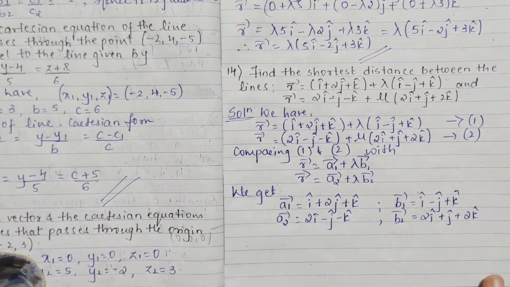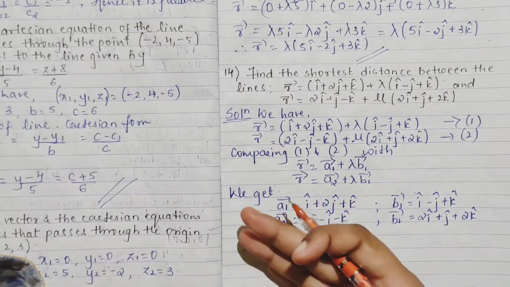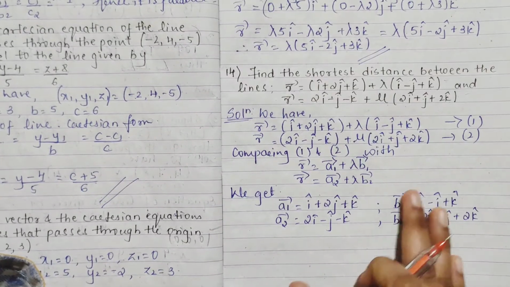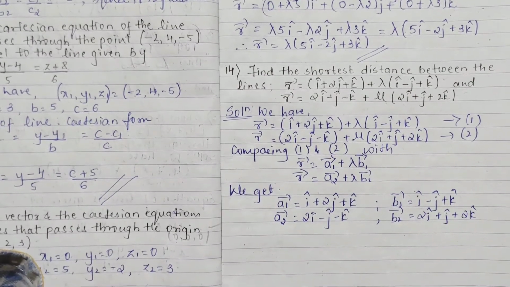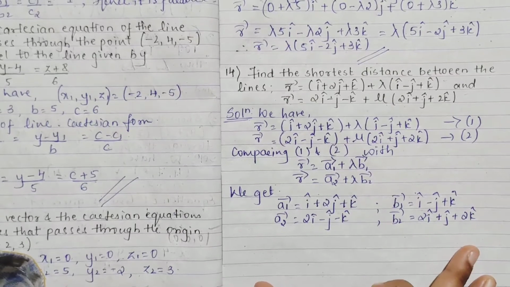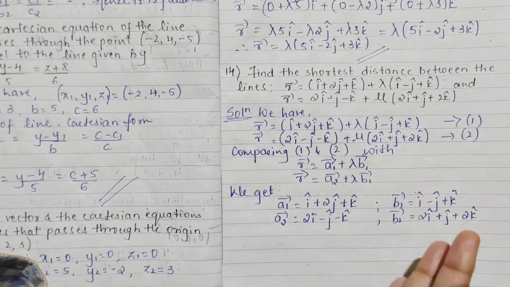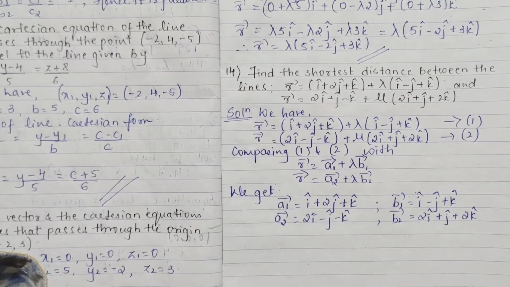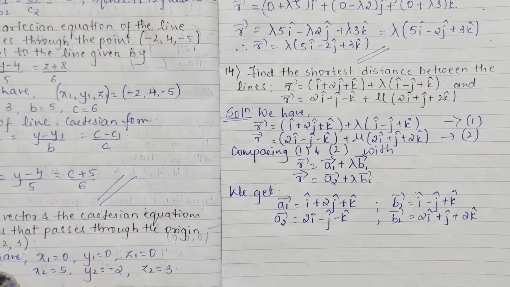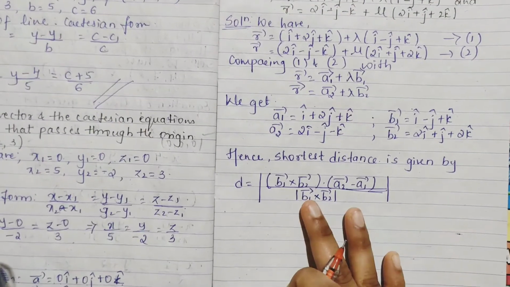You have to find the shortest distance. As I have told you, we will always go with the Cartesian form, not the vector form. If you want, you can go to the vector form also; it is not like that. But we prefer the Cartesian form only because it will be easy. Anyhow, for the vector form also it will be the same. You can go any way, vector form or Cartesian form. So we will find the distance.